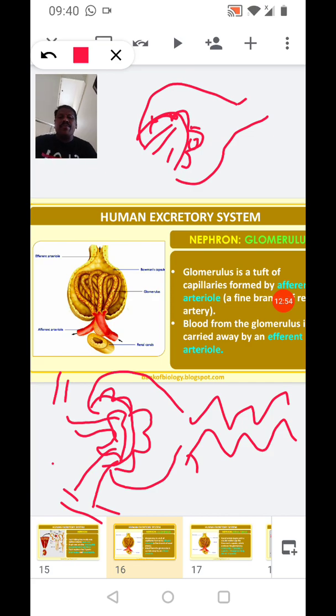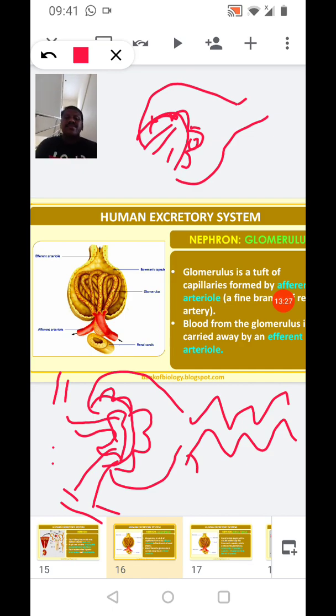Okay. When blood is flowing through the glomerulus, you should remember glomerulus means a group of blood vessels, a tuft of blood capillaries. When blood flows through the blood capillaries, whatever contents are present in the blood, like water, nitrogenous waste material, vitamins and minerals, these are filtered into the cavity of the Bowman's capsule through these pores only.